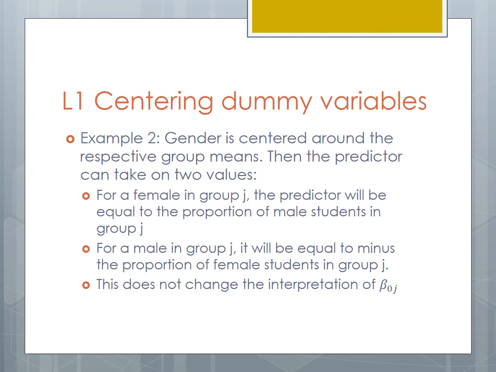So then it would be, in this case, the proportion of male students in this group, or in this case of what I was mentioning, men in the neighborhood. And then the same for the women, just 1 minus the proportion of the men in the neighborhood. And that doesn't change your interpretation of your beta 0j. But as I've shown in this example, there are actual applications in the literature that look at that.